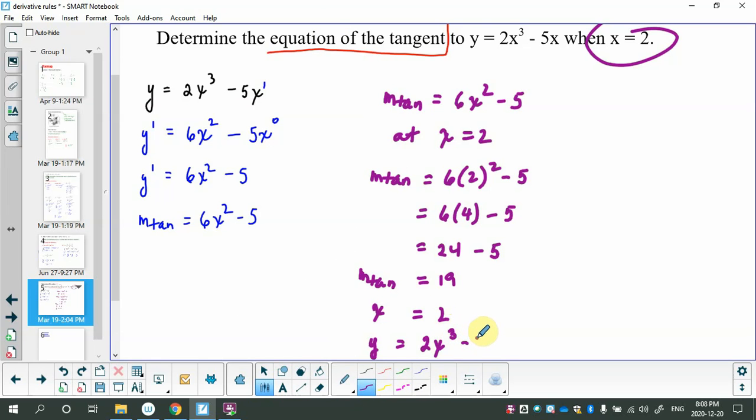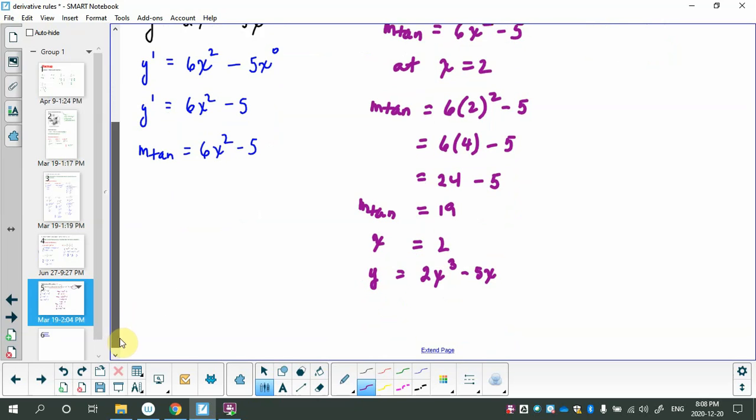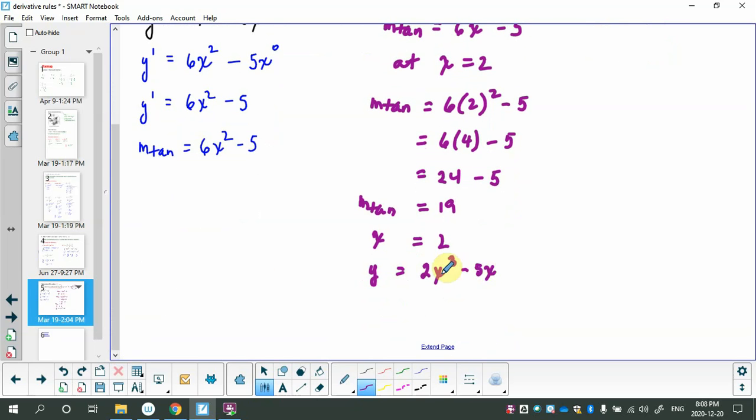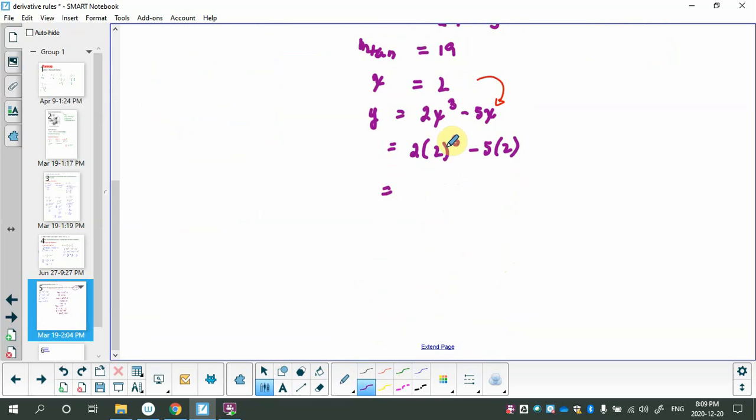And usually when we have a slope of a tangent, which is actually a slope of the tangent line, we're going to need y equals mx plus b, and our y's aren't this ugly. So what you also have to do is you have to plug 2 into that to get a real live number y. So 2 times 2 cubed minus 5 times 2. So that's 8 times 2, which is 16, minus 10 is 6.